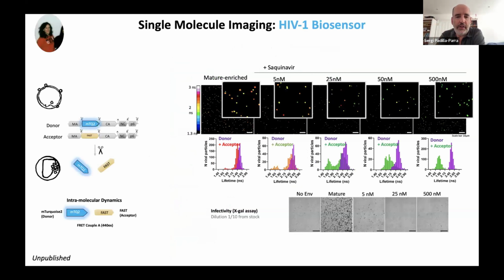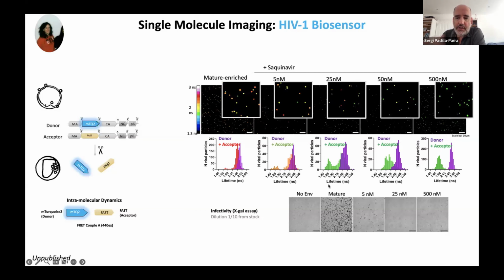The next round of characterization was to treat our batches of viruses with mild concentrations of saquinavir, which is a protease inhibitor, and establish the FRET analysis by FLIM. Here we see that there is, at the beginning, a very small population of immature particles that is modulated and increases linearly with the increasing concentration of the protease inhibitor. So everything seems to work fine.